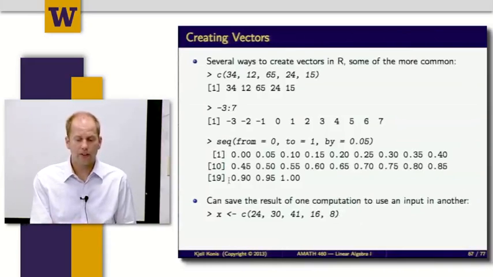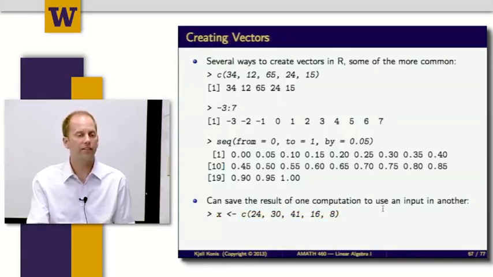Another useful thing you can do in R is save the result from one computation to use in another one. Here I'm going to make a vector that has elements 24, 30, 41, 16, and 8, and store that in a variable called x.